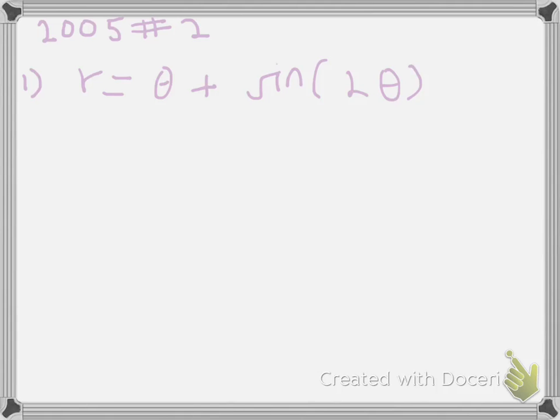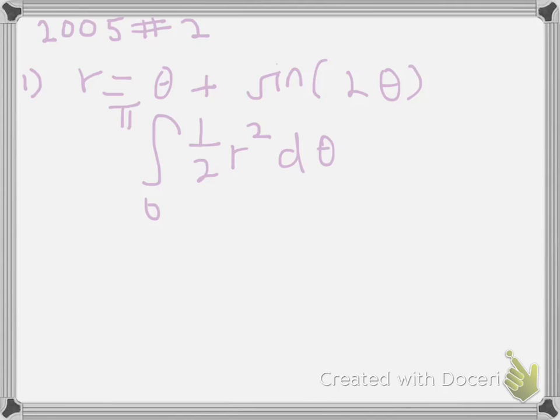So if we want to find the area bound by the curve and the x-axis, we want to plug it into the formula that we already know. And this formula is going to be the integral from 0 to pi, because this is what is given to us as well, 1/2 r squared d theta.